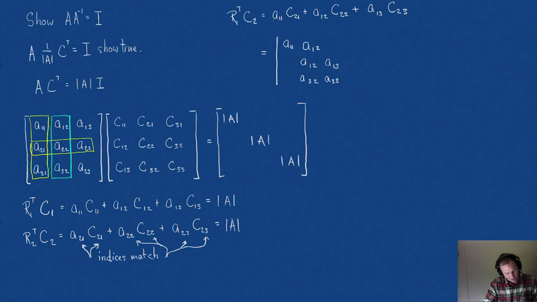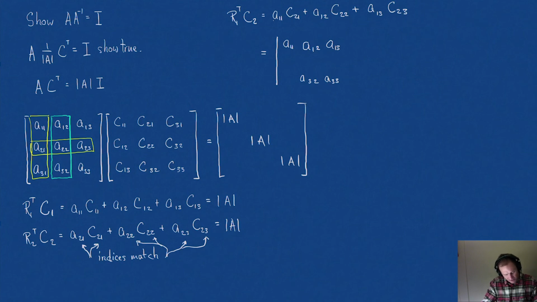So that would leave me with, did I make a mistake on this first one? I think I did. Hold on a second. Oh, I totally did. A12, A13. There we go. And then, okay, there it is.